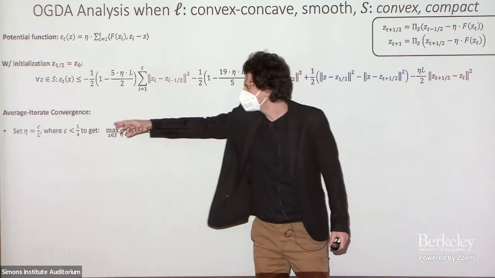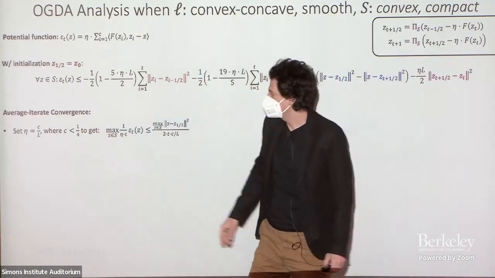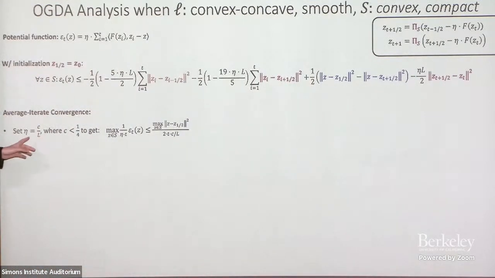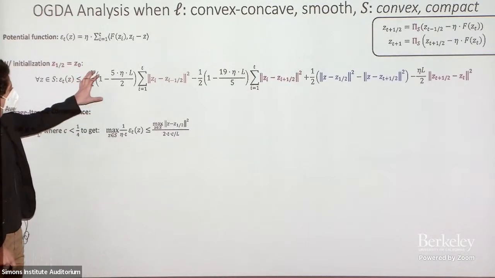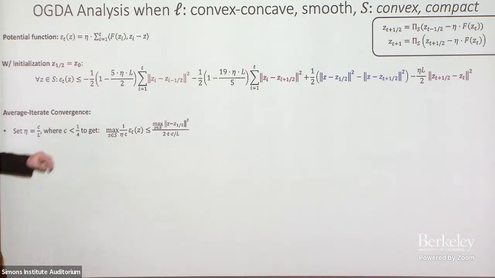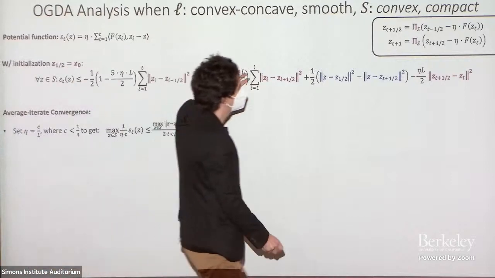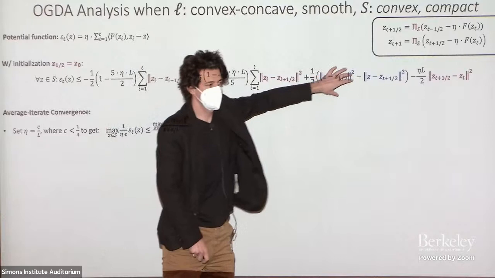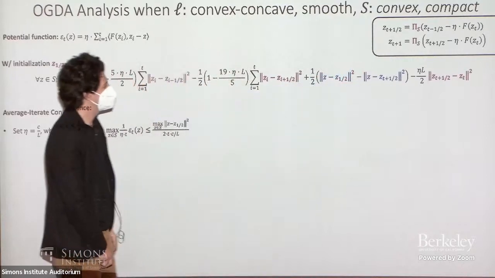So this is what's done here. If you set your step size to be 1 over your smoothness, which is the right constant, you get that all of these guys are negative. So the only thing you're left with is non-negative, this thing on the right-hand side.